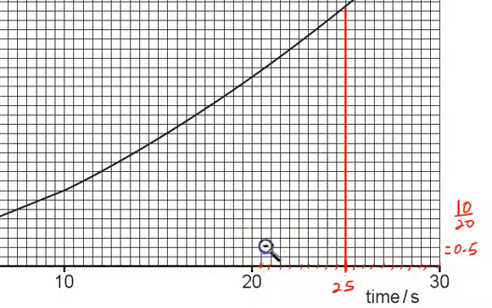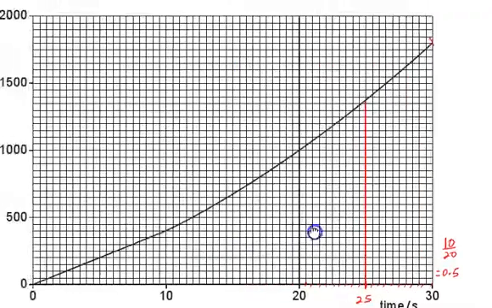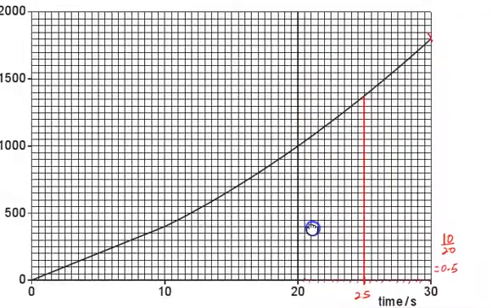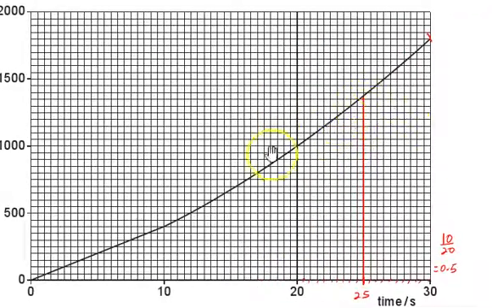Now we go back to the normal view. We have to draw the tangent line from here. We can use, let's say, a green color. We must draw a tangent line, and make sure it touches the curve at only one point.